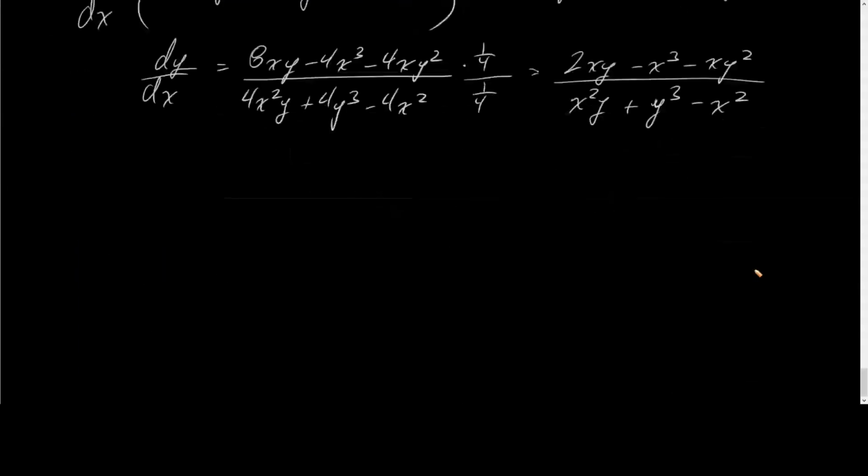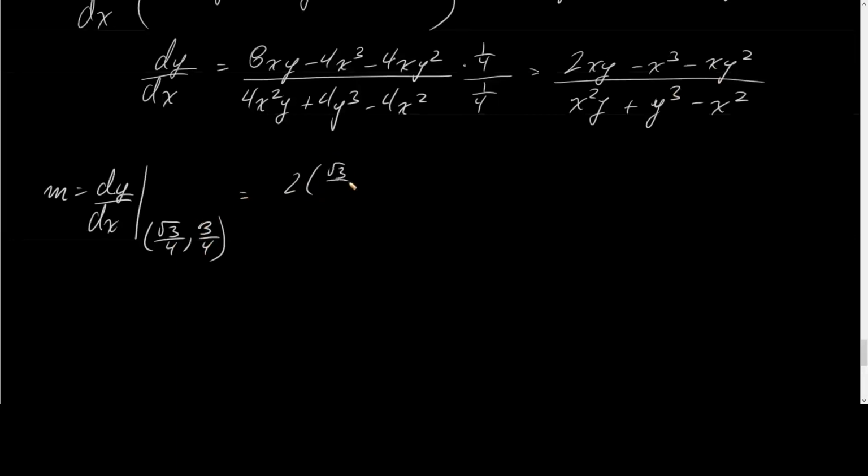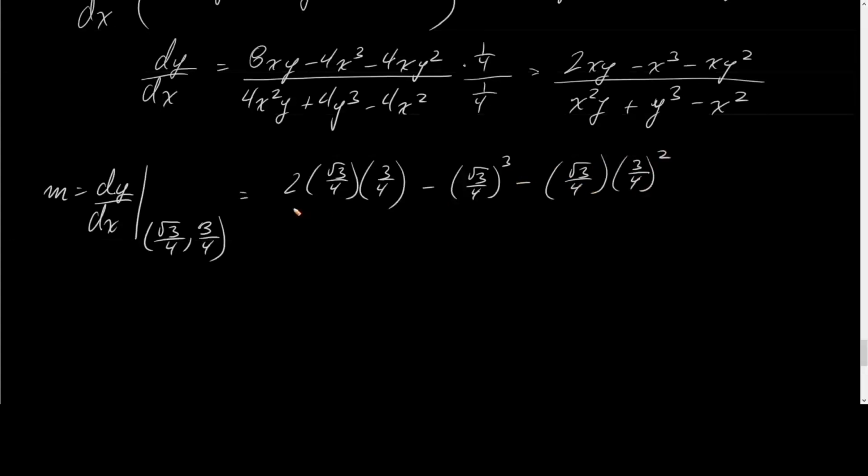But we need dy dx at that point. So our slope is going to be dy dx evaluated at the point radical 3 over 4 comma 3 over 4. So let's see what we get here. We have 2 times radical 3 over 4 times 3/4 minus radical 3 over 4 cubed minus radical 3 over 4 times 3/4 squared.